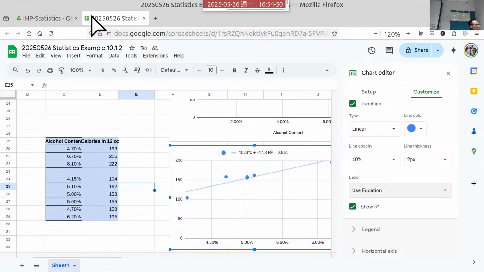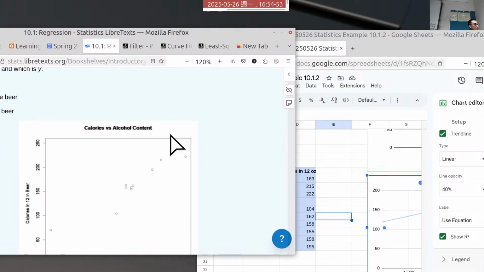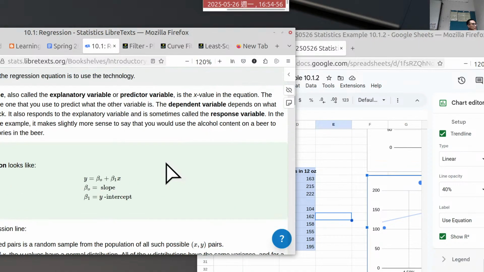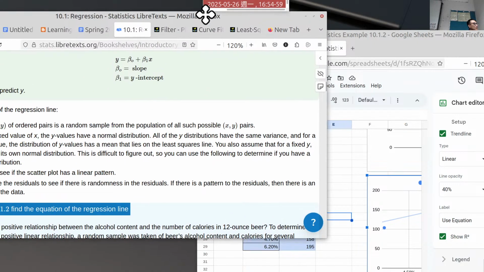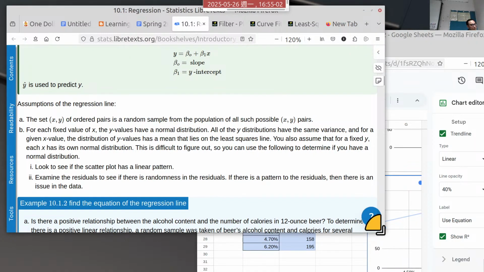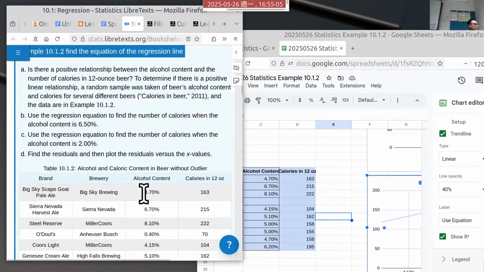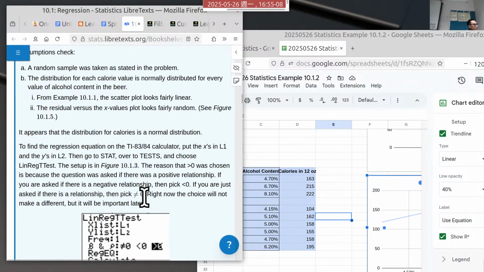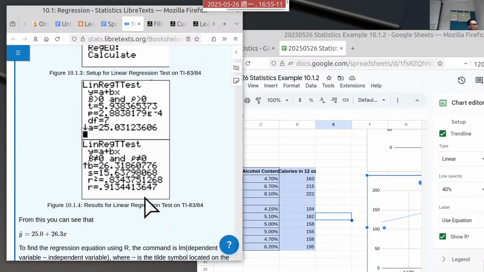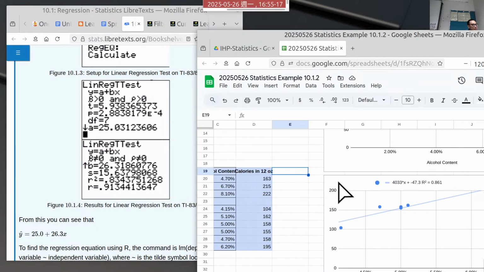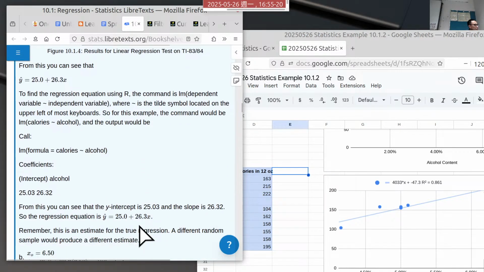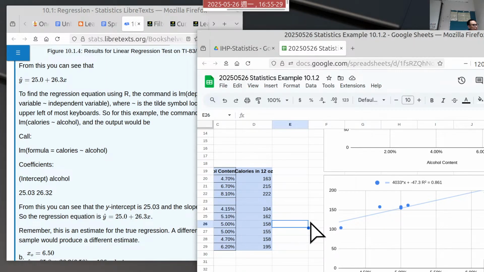Okay, sure, we can compare it to our textbook.